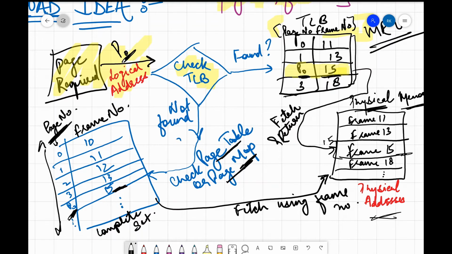Okay, so now once we have the frame number, again what we do is fetch the frame from physical memory, and once we have fetched it, we return the data from this particular frame to the process.